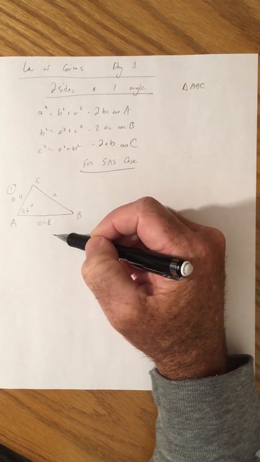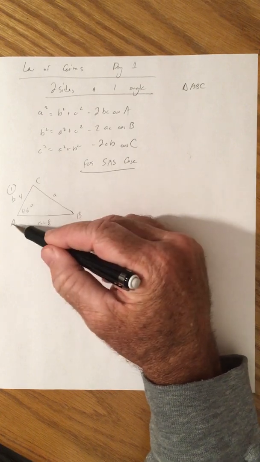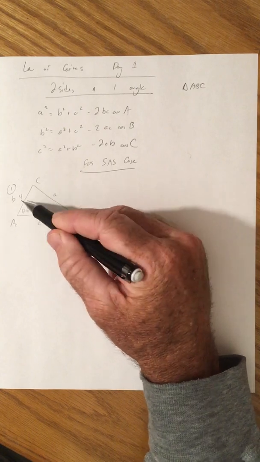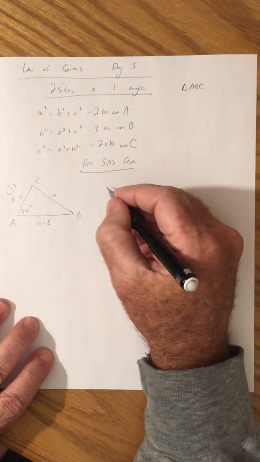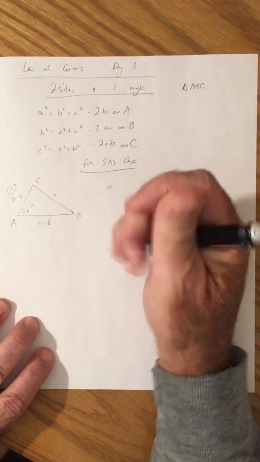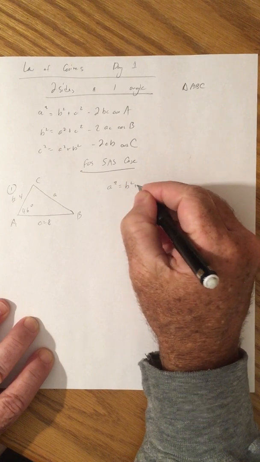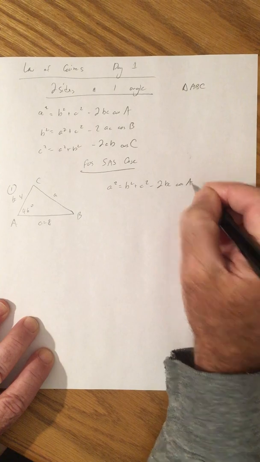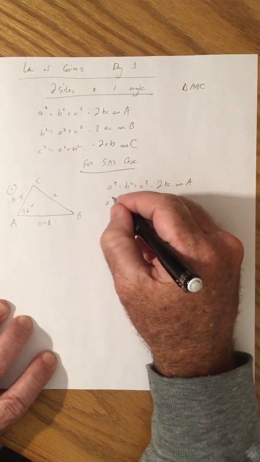Another way to look at this is you're given three things, and you have all three letters, and only one of them is an angle. So you got an A, B, and C, and only one of them is an angle. All right, so looking for side A, we use this. A squared is equal to B squared plus C squared minus 2BC cosine A. Now, you can substitute the values, and you don't know this.